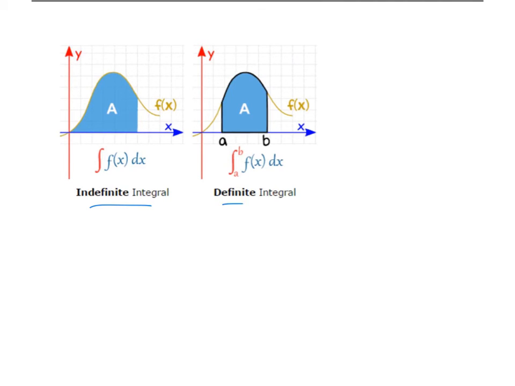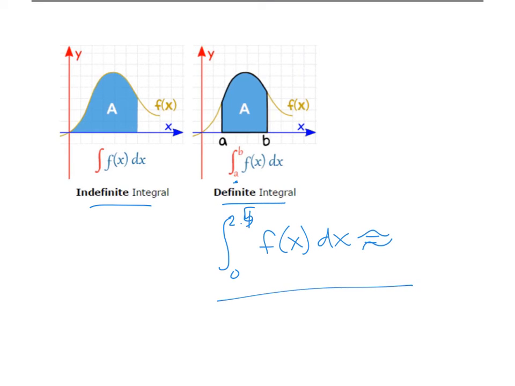But a definite integral, which adds that a and b to it, we're actually trying to find it between a and b. On the ones that we did in class, we did from 0 to 2, or 0 to 2.5. So we were finding the integral from 0 to 2.5 of that function, right? And so when we came up with an average, we were approximating it, but this is what we were actually trying to do.